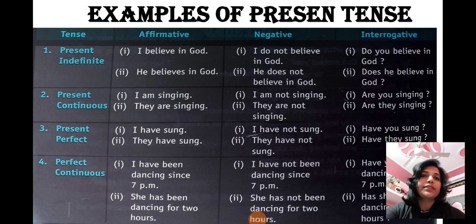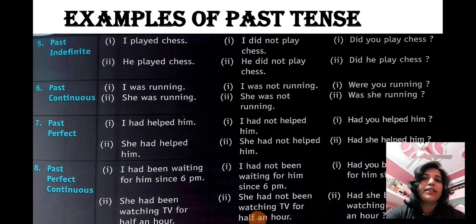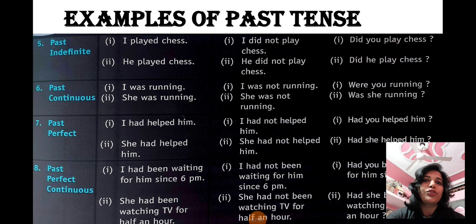Now switch to the next slide for the past tense examples. In this you will find that I played chess, I did not play chess. Once you are changing it into negative, then if did is in the sentence, the form of the verb will be changed into first form. You could correlate it in the affirmative assertive sentence.